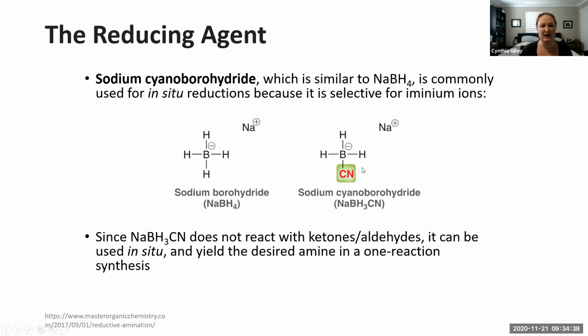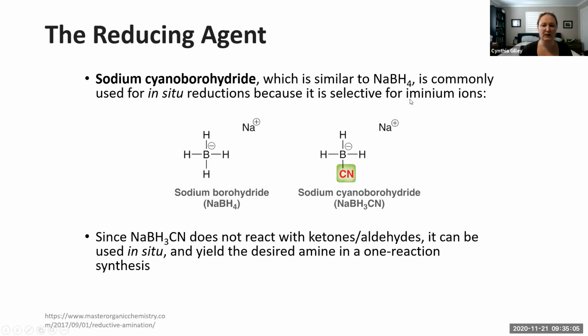So sodium cyanoborohydride is actually slightly less reactive as a hydride reducing agent because it's a slightly more stabilized borohydride reducing agent. As a result of it being a little less reactive, it can be more selective. And in this case, it is selective for iminium ions, which is going to be crucial for the reaction.